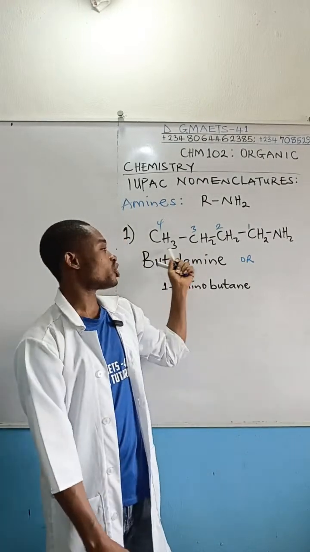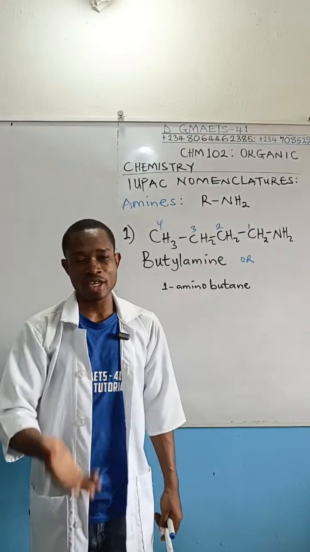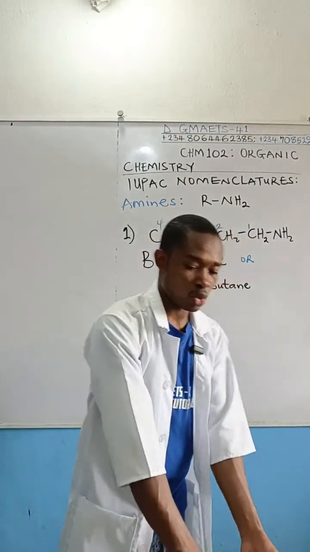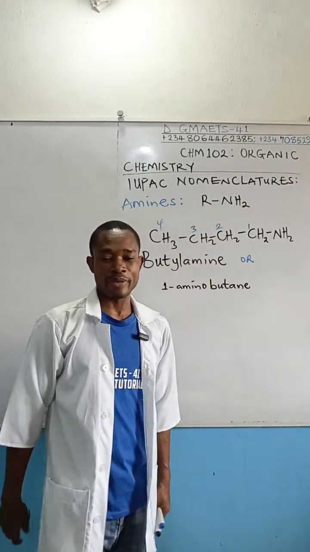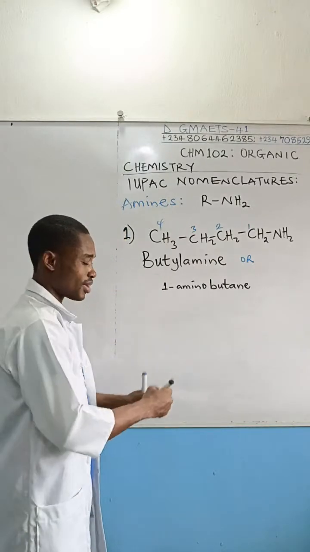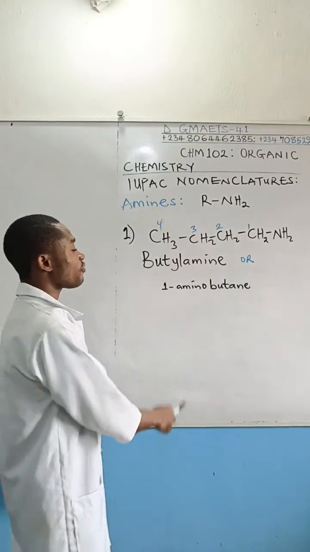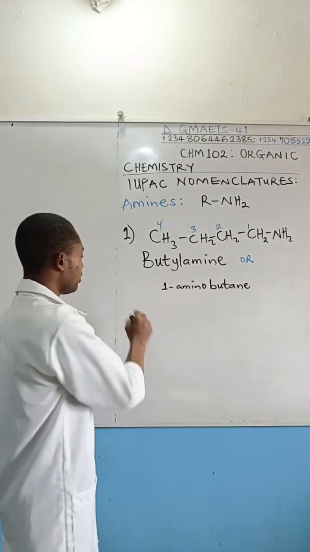Like maybe I give you this structure, then option A, butylamine, B, 1-amino-butane. No examiner should do that. That would be wickedness. Of course, I believe no one should do that, and no one would, because both of them are the same, and they are acceptable. Just like I say, for every 1-amino-alkane, the proper way is going as alkylamine.